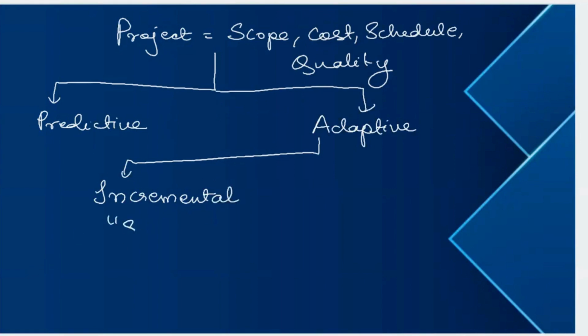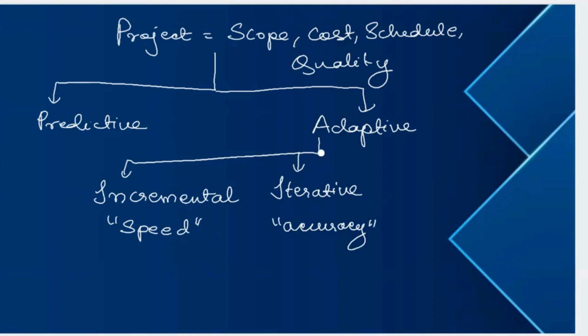Incremental helps you to deliver the product with speed in multiple increments. If you want to develop the product with continuous feedback and great accuracy, you can use the iterative life cycle.